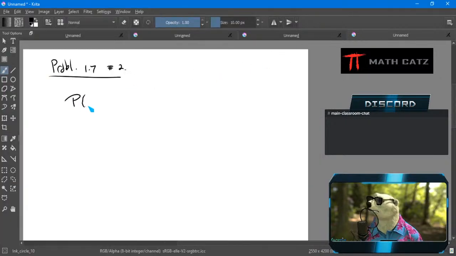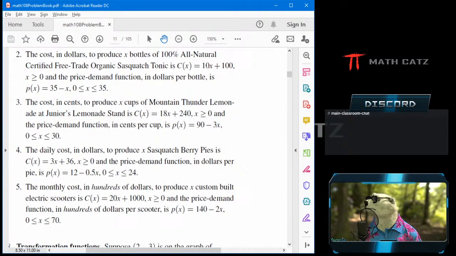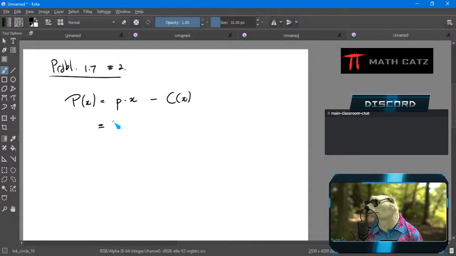So my profit function equals my revenue, which is little p times x, the price per item times the number of items, minus the cost. And the price first is 35 minus x.